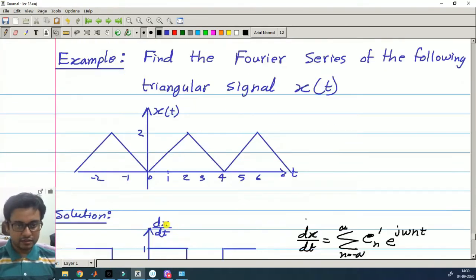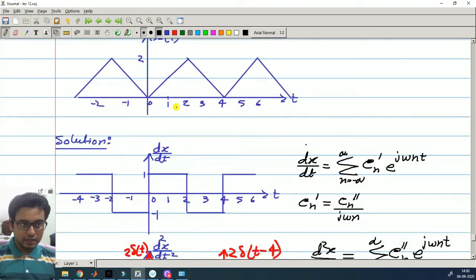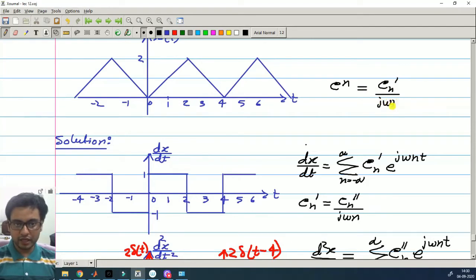And then if the Fourier coefficients of x(t) is Cn, then Cn will be Cn prime divided by j omega n, that is equal to Cn double prime divided by (j omega n) whole square.